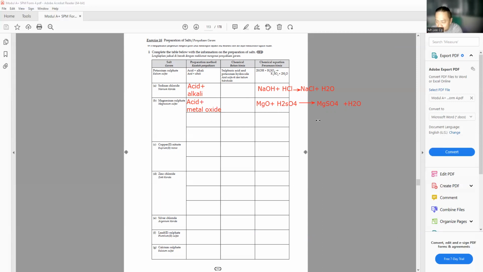I want MgSO4. So what about I use Mg? I don't want to have anything. Mg only plus H2SO4. So what will I get? Metal and acid.